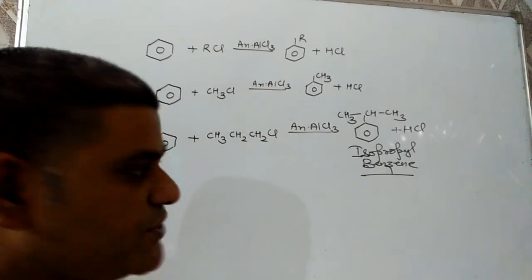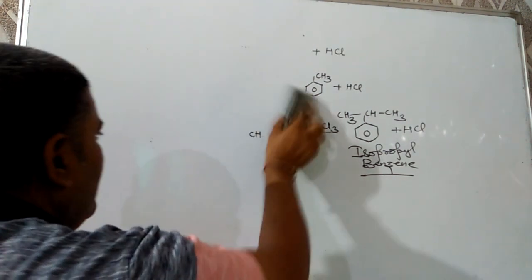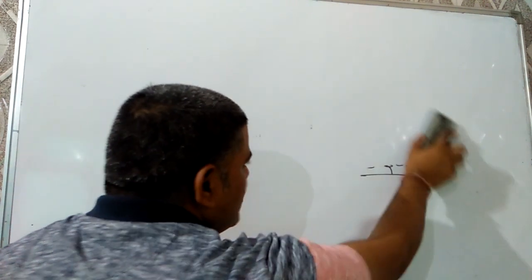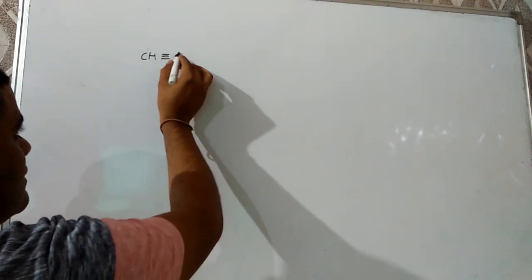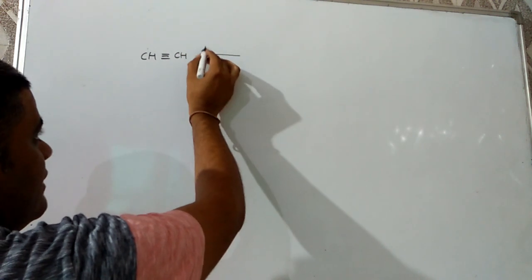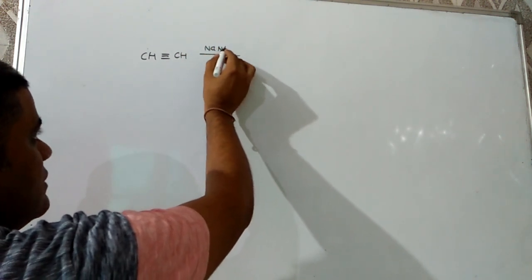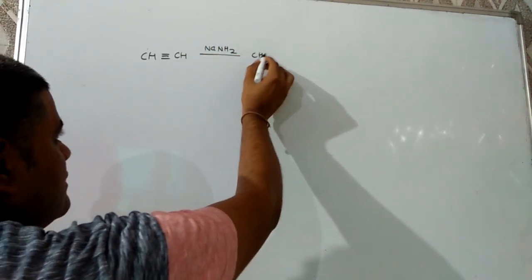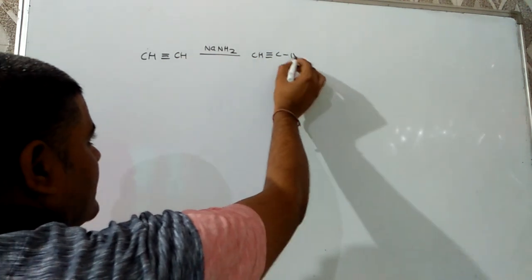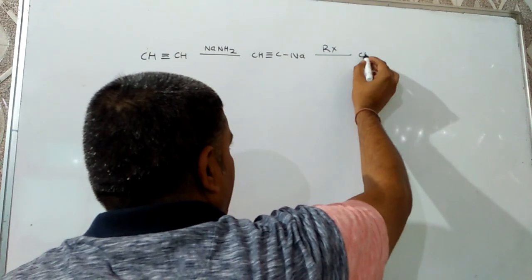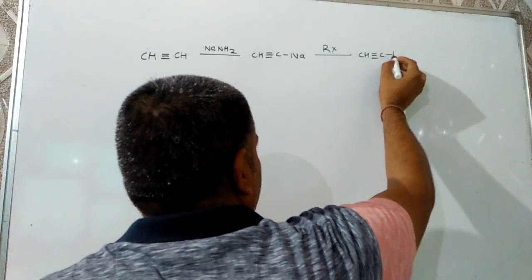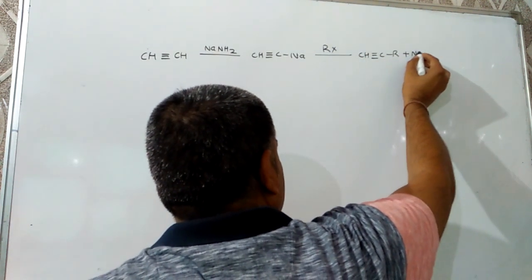Next is substitution by acetylene group, or formation of higher alkyne. This is also a very important topic. For formation of higher acetylene, acetylene is first reacted with sodium amide, NaNH2, due to which we get sodium acetylide, and that reacts with a haloalkane to give higher alkynes.